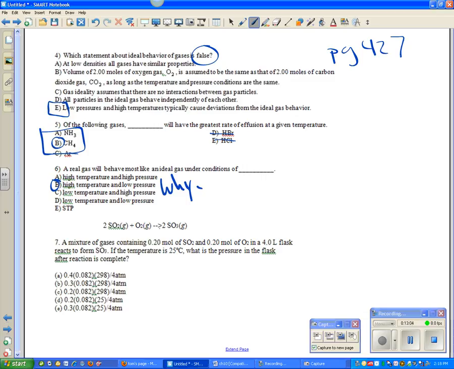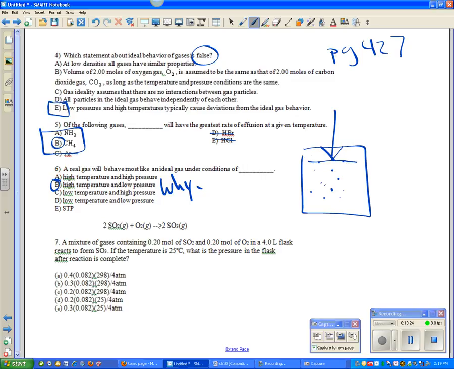It's the same explanation for why pressure matters. By changing the temperature, we've slowed them down, so they have less energy, so when they move by each other, there might be an attraction. In pressure, we take this box, and there were gas particles all over, but now I'm going to push them down.